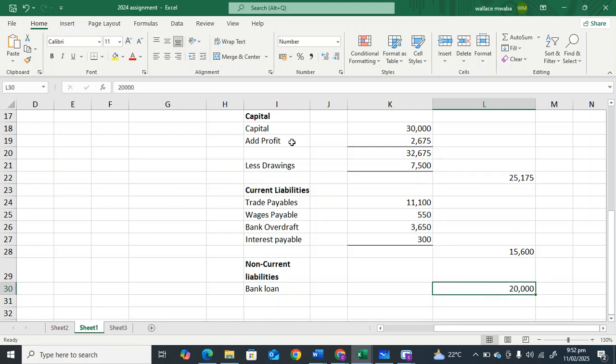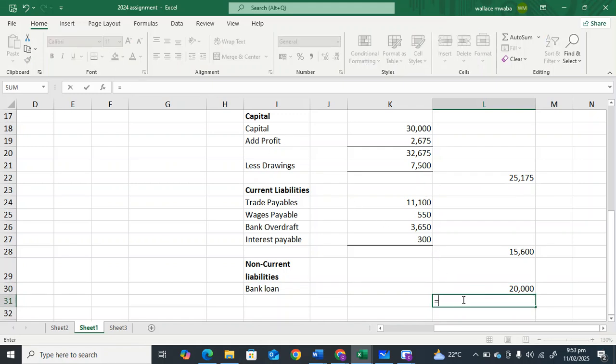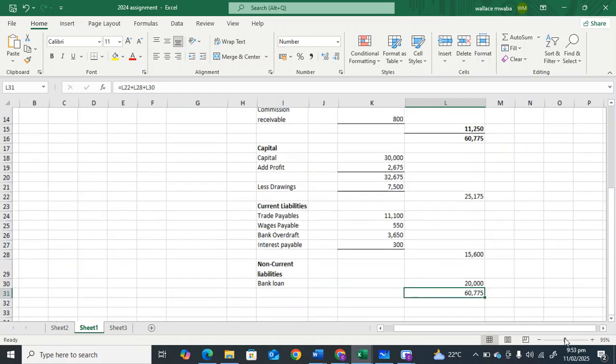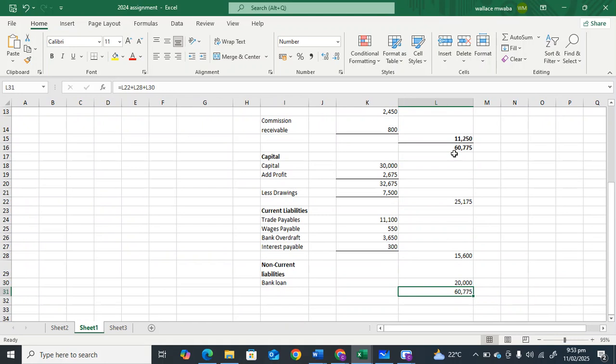So we total up our capital and our liabilities, and we get 60,775. So our assets equal liabilities plus capital, 60,775.